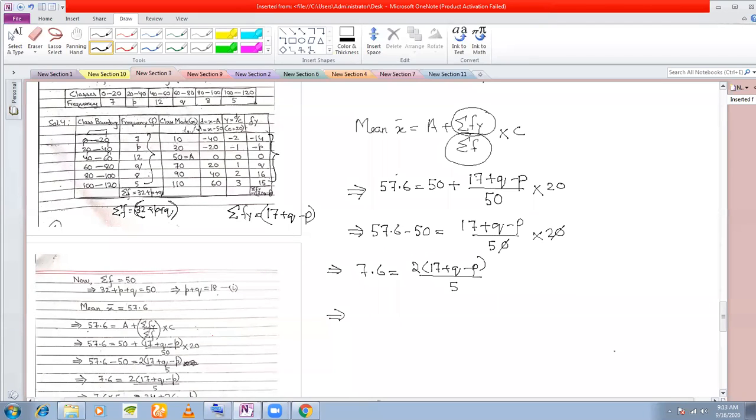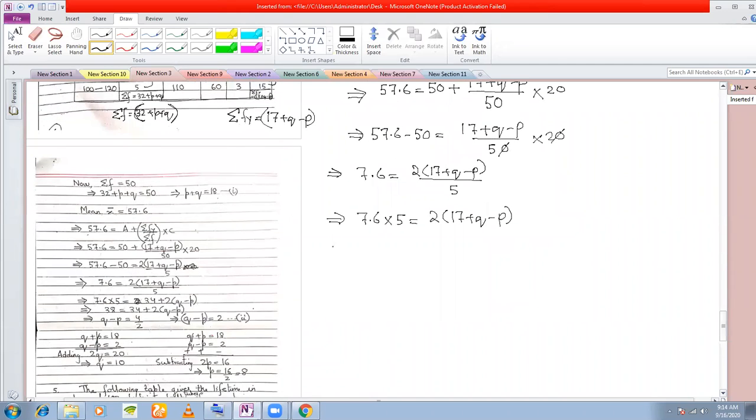Cross multiplying, 7.6 into 5 is equal to twice 17 plus q minus p. So 7.6 into 5 is 38, which equals 34 plus 2q minus 2p. So 38 minus 34 is equal to 2q minus 2p.